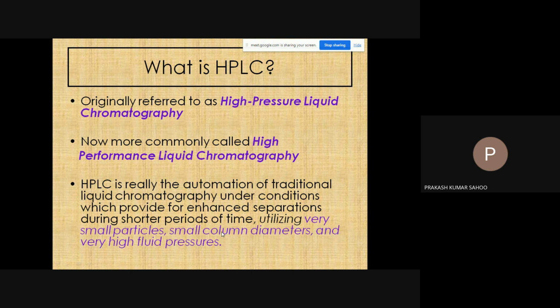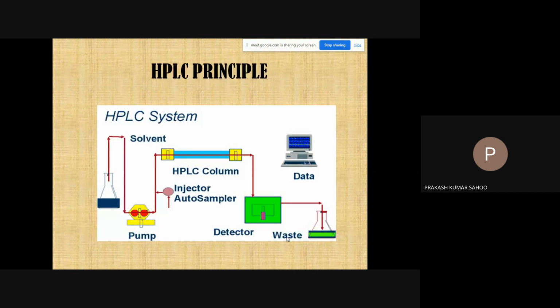So these factors influence the advanced performance or advanced facilities in HPLC than your traditional liquid chromatography. So that is: very small particles, small column diameter, and very high fluid pressure.